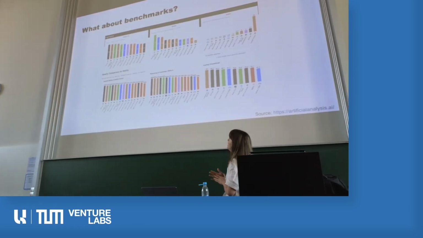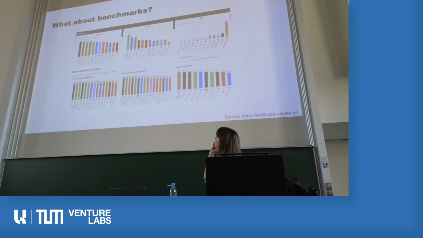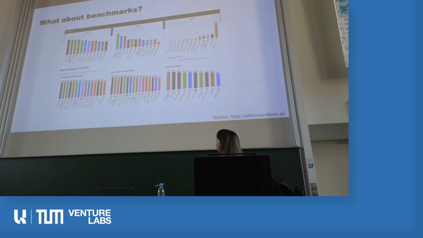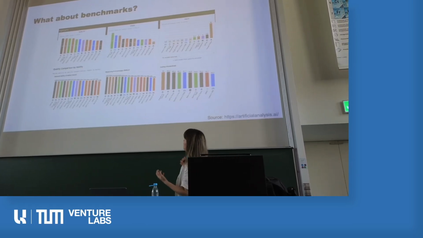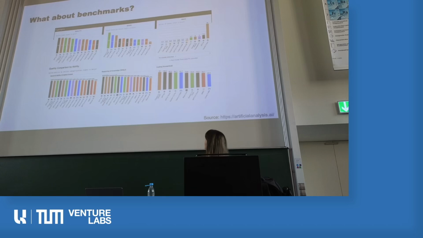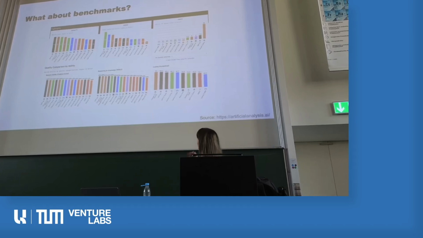Some of the highlights: for quality, GPT-4o; for price, Llama 3 is the cheapest. When it comes to use cases, for general ability, reasoning, and knowledge, GPT-4o is the best. And when it comes to coding, you have Claude in the leaderboard taking first place, and so on.